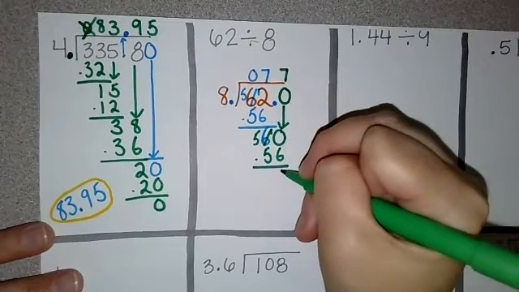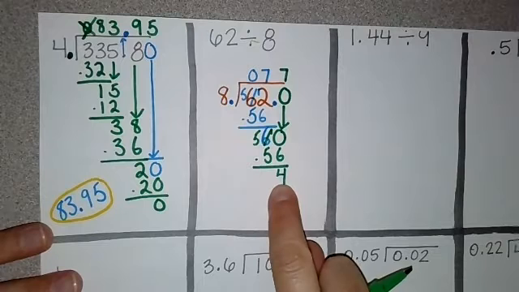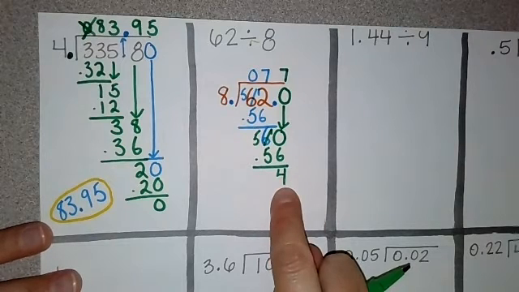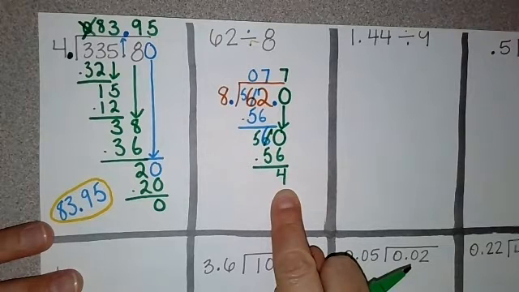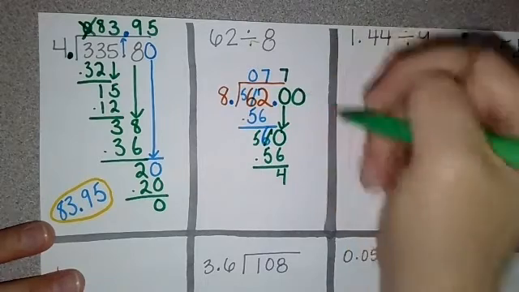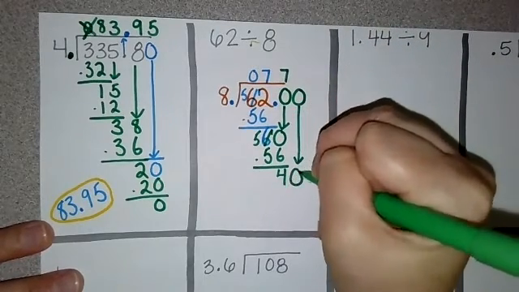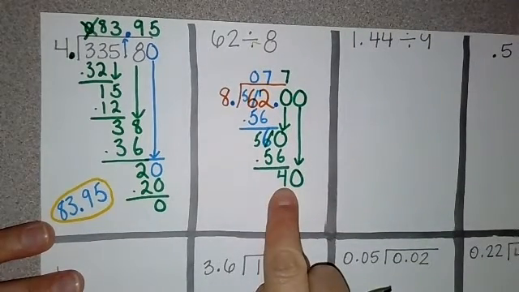Ten minus 6 is? Very good. Now, Charlotte, I've said it over and over and over again. Can I have a remainder? So what do I have to do? Very good. Annex another 0. Put a 0 up here and drag it down. So the new number I'm dividing into is 40.